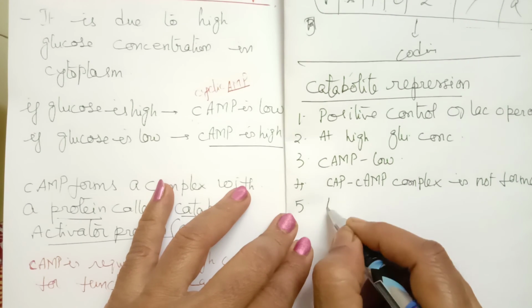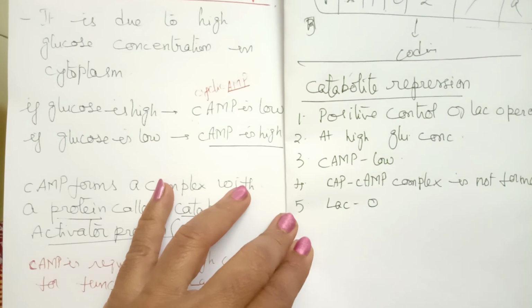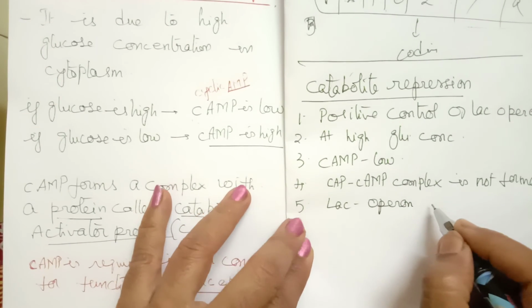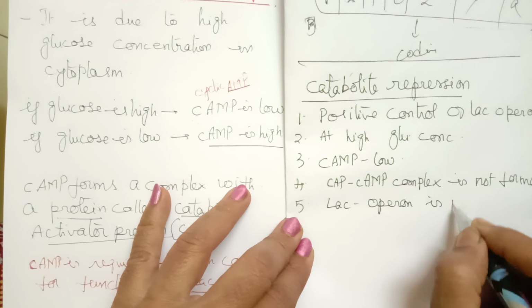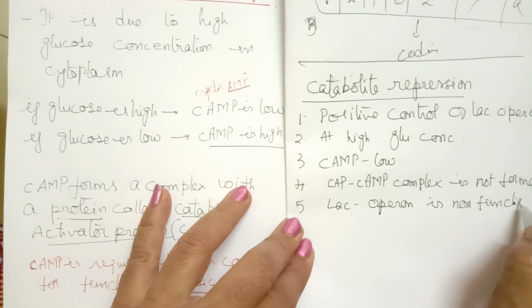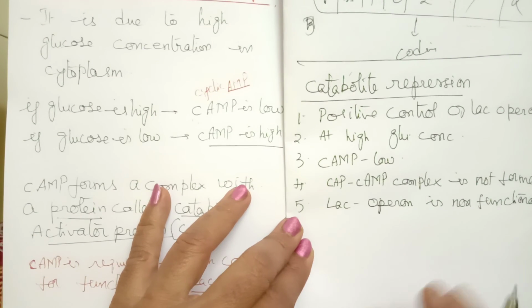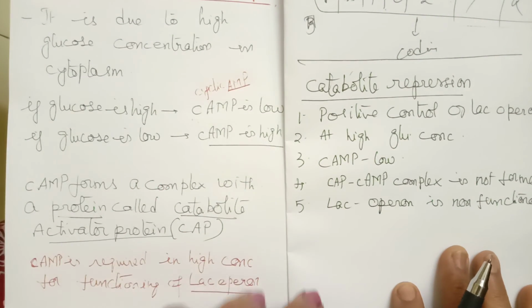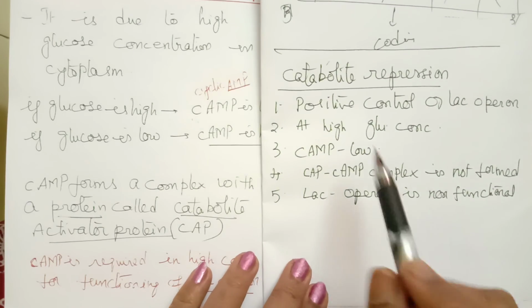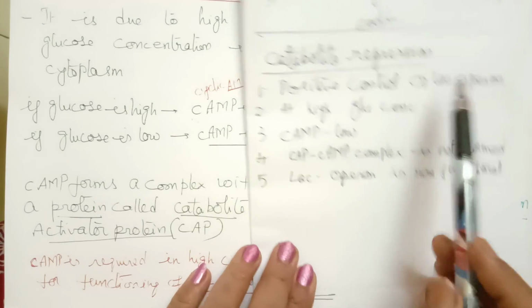If this complex is not formed, then Lac Operon is non-functional. This complex is required for functioning of Lac Operon. So Lac Operon is not functional. These are the points which you have to remember under catabolite repression.